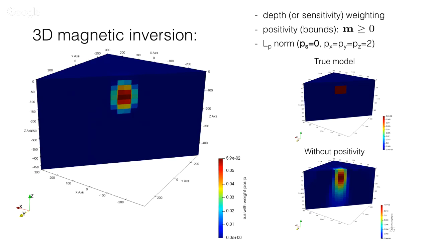And you can see what that has done here is really sort of suck everything up into something that is very highly concentrated, even though p_x, p_y, p_z are all 2. So we're still asking it to be smooth, L2-ish, but really concentrated in that small region. And that itself is negative.